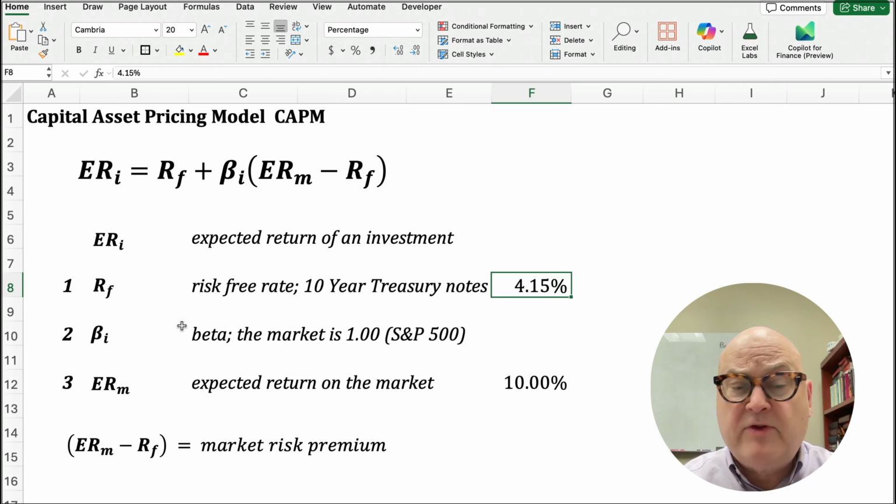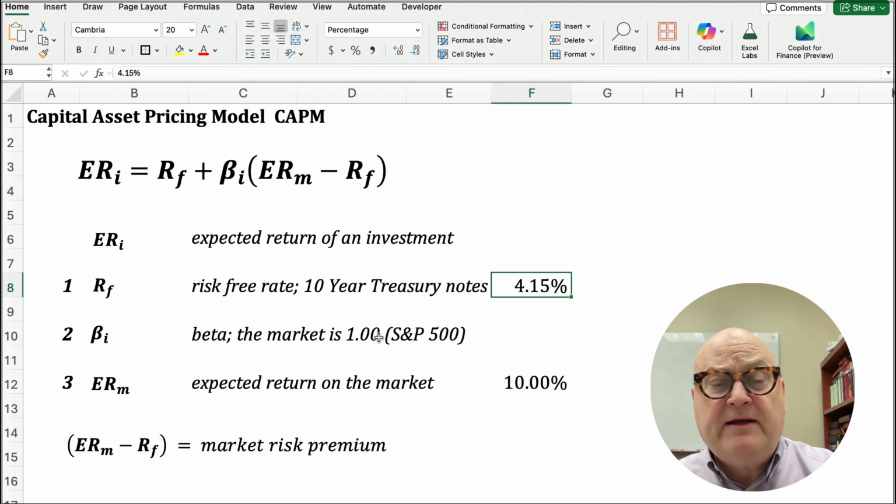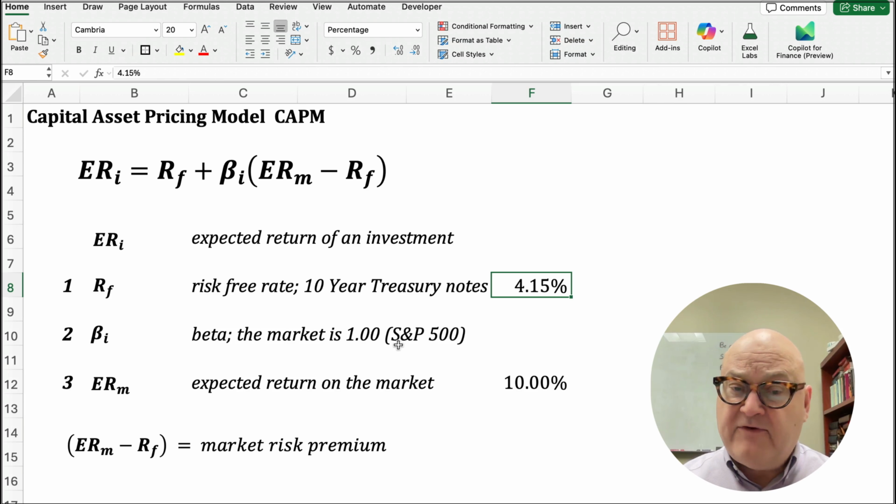Well, one thing we do on the market is we assign 1 to the market. So the S&P 500, the 500 largest U.S. companies, are collectively a beta of 1. So if you have a 1.1 versus the market, it's 10% more risky than the market, so you would require more return than just the market return.